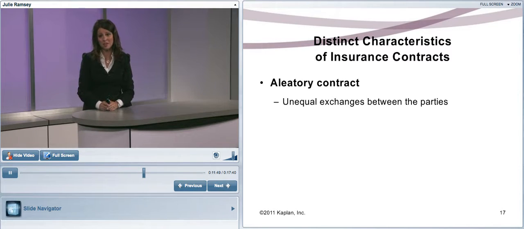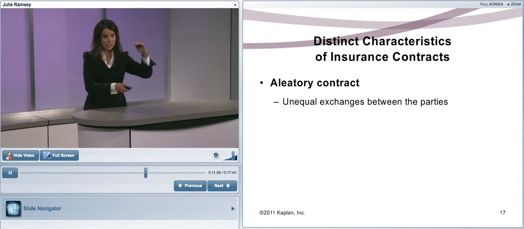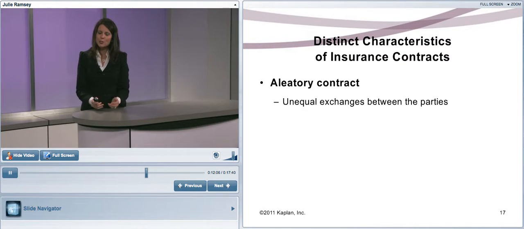But it could really be the opposite. Say you have an insured who pays premiums for years and years and never has a claim. That's very possible. The insurance company may pay out a small amount or nothing, and the insured is paying out a large amount. So aleatory contract, what does it mean? It's an unequal exchange of value between the parties.